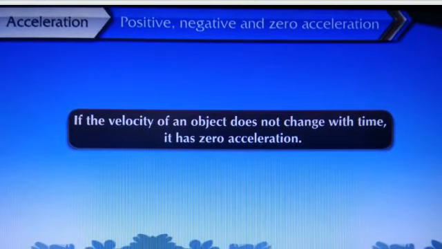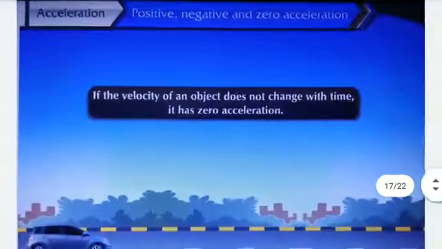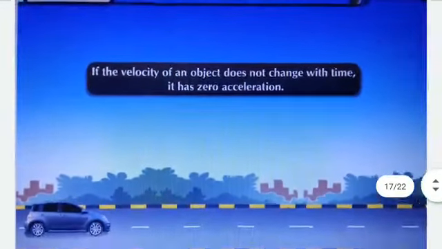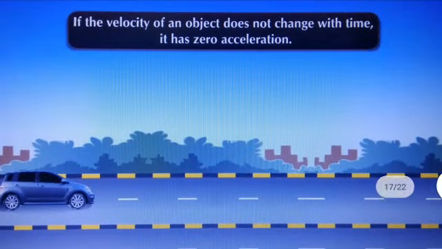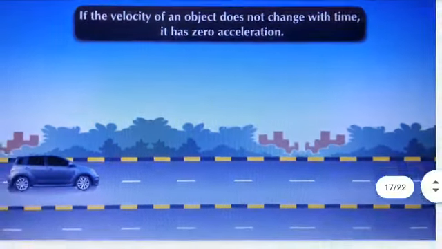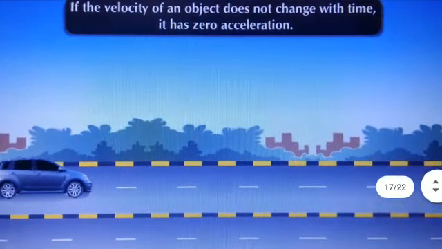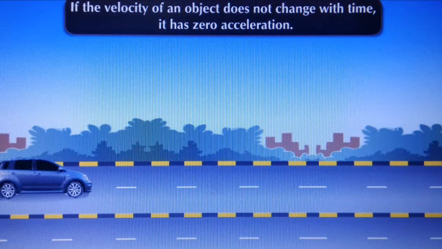Now, the third type is zero acceleration. If the velocity of an object does not change with time, it has zero acceleration. A car is moving with uniform velocity.